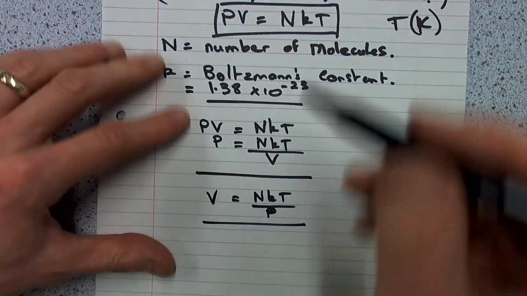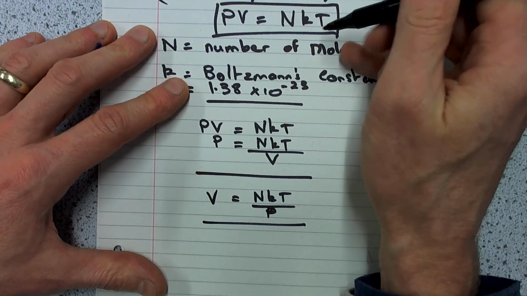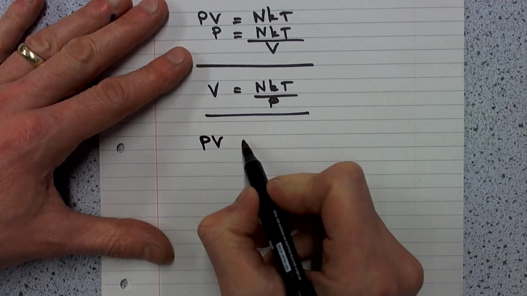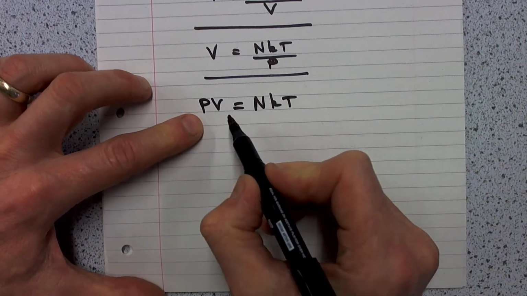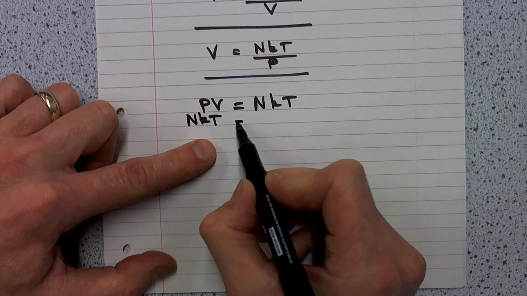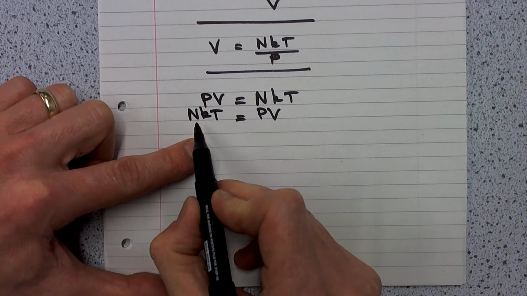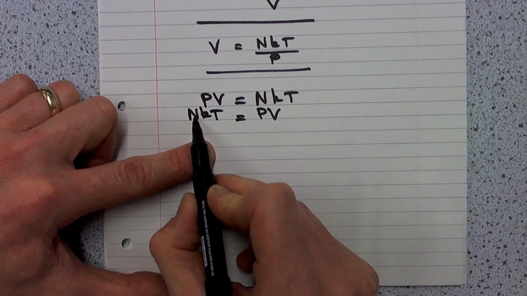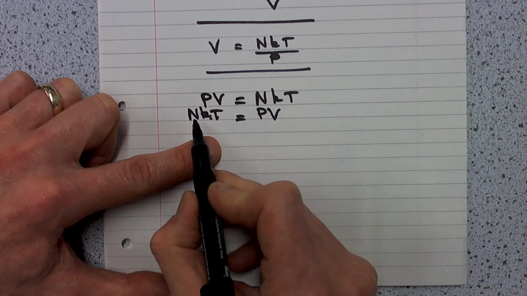Okay, what else could we do? We might be asked to work out the temperature, being told the others. So let's start again. PV equals NkT. I might like to have the unknown thing on the left hand side, so I'm just swapping these two things over. They still equal each other. To get T on its own, I can do it all in one go. These three things are multiplied, so I do the opposite to get rid of them. N and K are multiplied by T, so I'm going to divide both sides by NK.